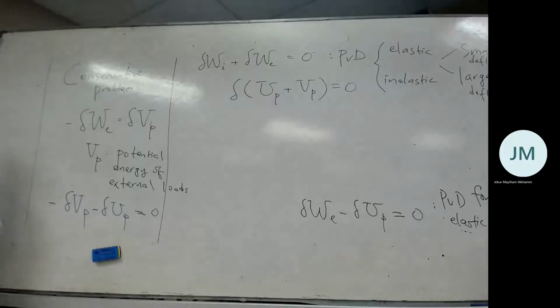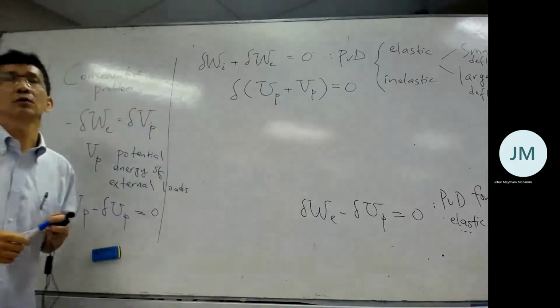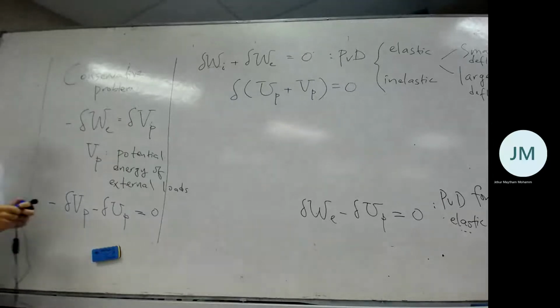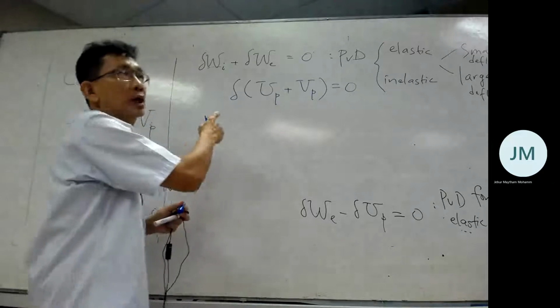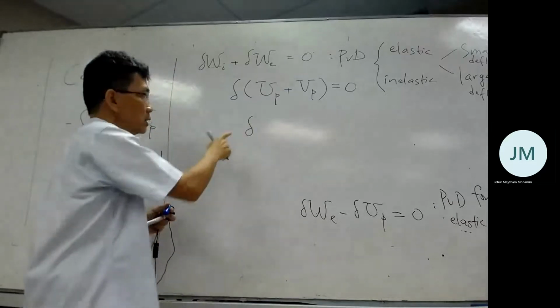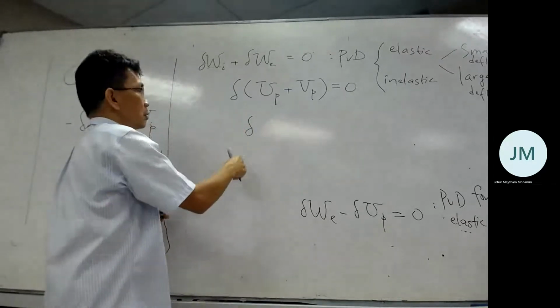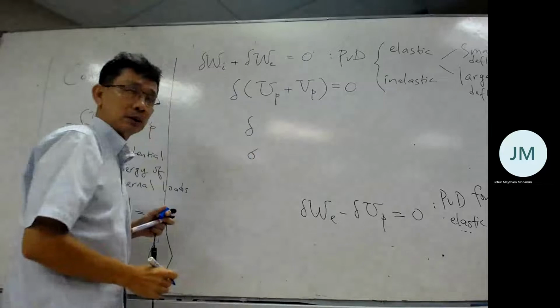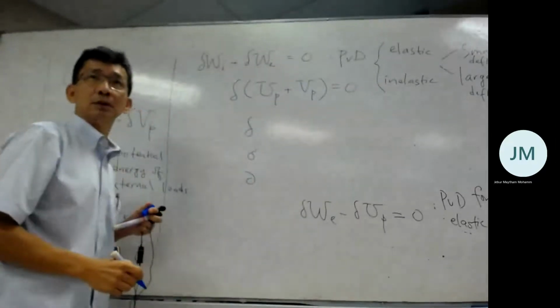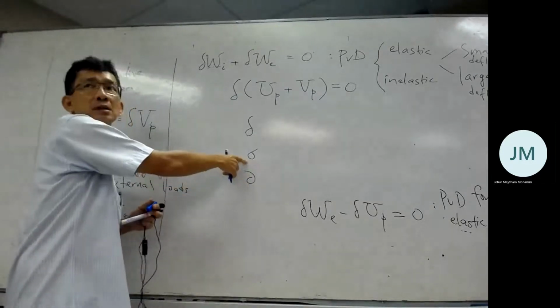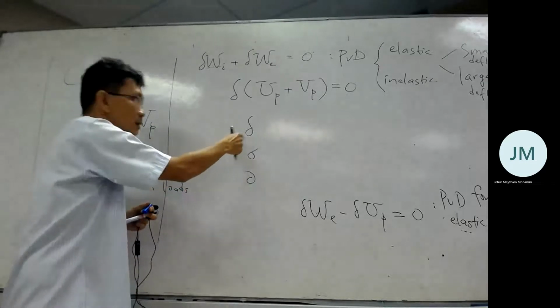So what does this equation mean? So del UP plus VP equal to 0. Here, before we look at the meaning of this equation, please try to be clear about this delta, because you also have sigma, and then you have this del. This is partial differentiation. This is stress, and this is even more stress.